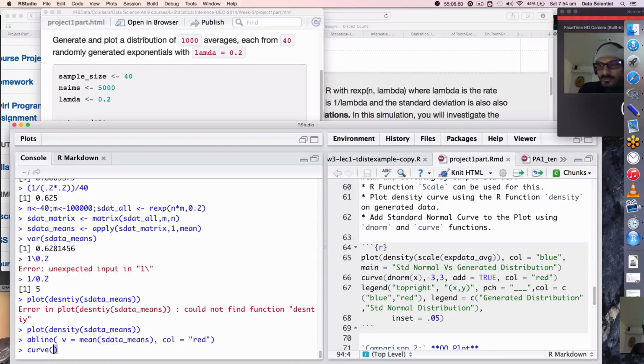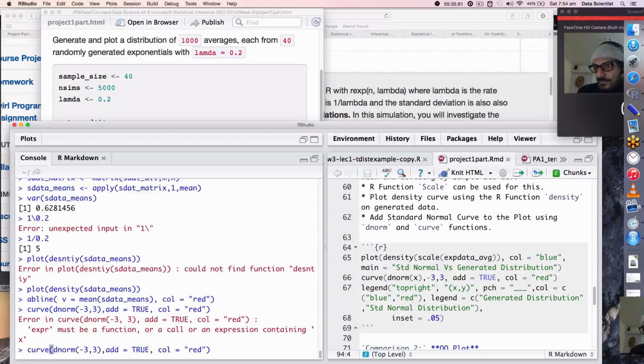All right. And I want to plot the standard normal. So an easier way is this. I say dnorm, the density curve, right? All of the values, let's say from -3 to 3. Okay, and then I say add is equal to true, which means it should be added to the existing graph and not a new one. And then I say color is equal to, let's say, red. Okay, let's see what happens. Wait.